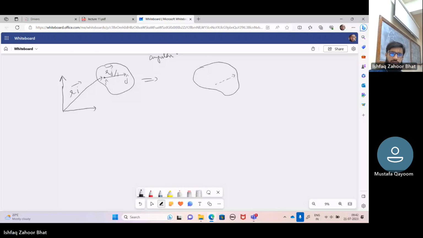Initially, this is R ji, this vector. Initially it was here. After the body translates, it is now here, R ji, and it has changed this much amount. So this is the delta R ji.